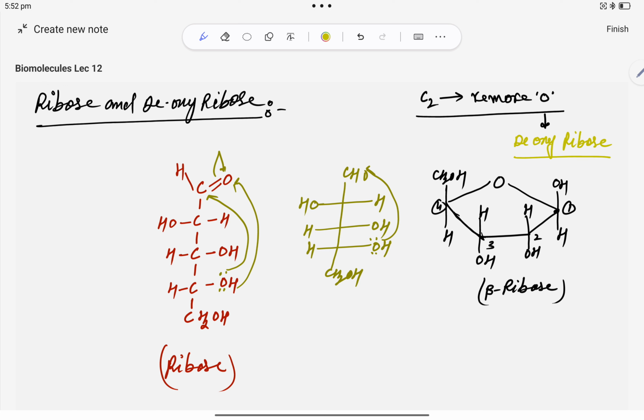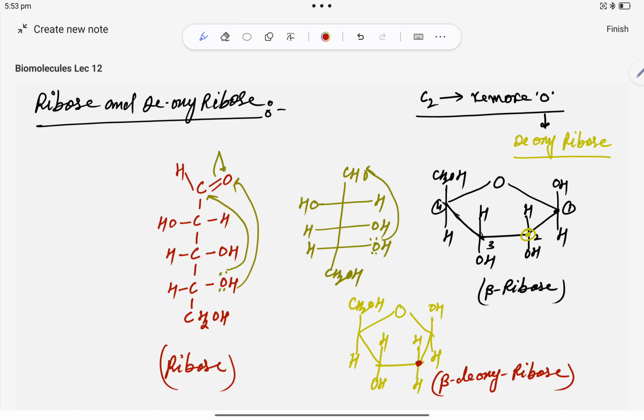So what is the cyclic structure for deoxyribose? From this carbon you have to remove oxygen, that's it. So here as it is, OH, H, here H, here H, here OH, here H, here H, and here CH2OH. From this carbon only I removed oxygen. So it is beta deoxyribose.